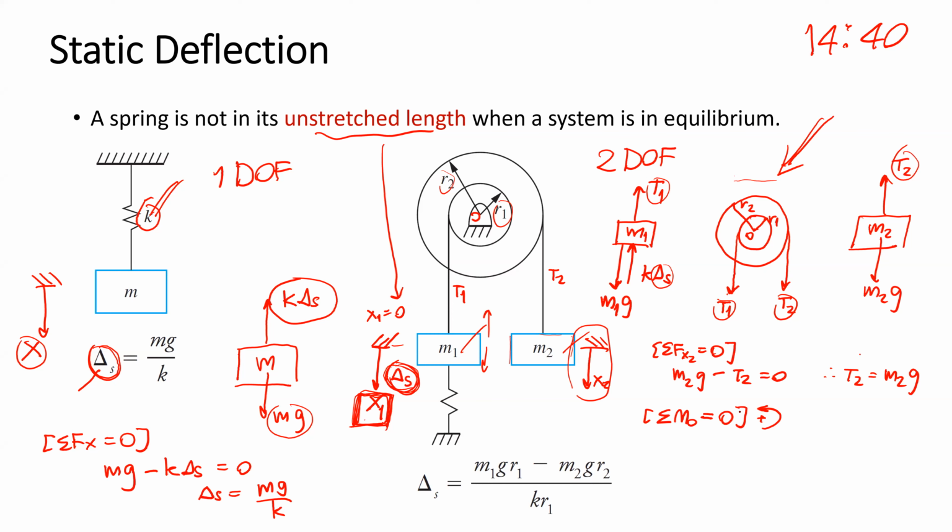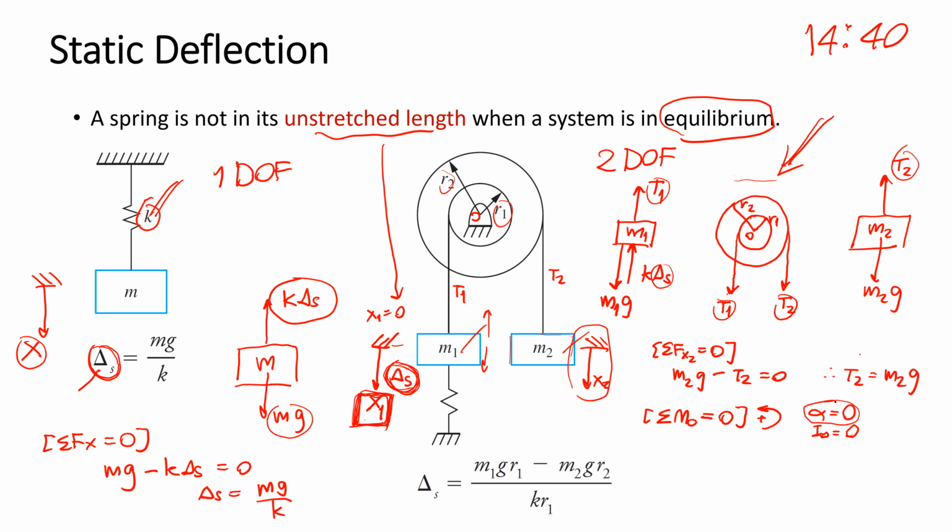The first reason is it's in equilibrium, no alpha, no angular acceleration of the pulley. The second reason is we may neglect the inertia property of the pulley, but the major reason for static equilibrium is alpha equal to 0.